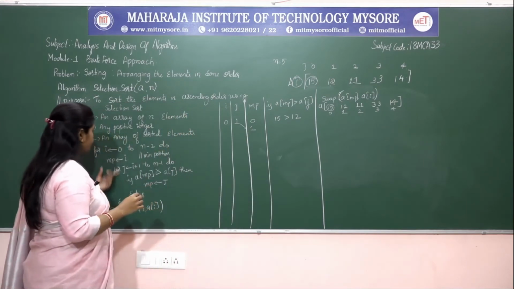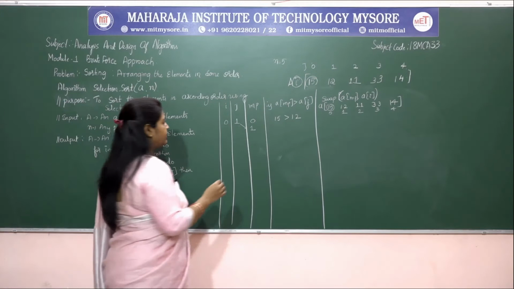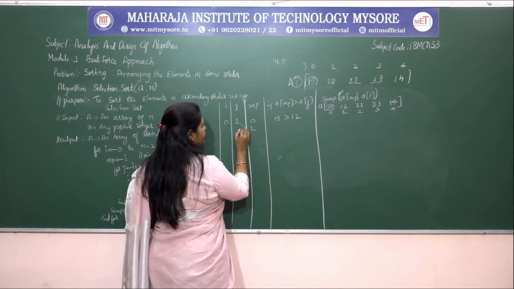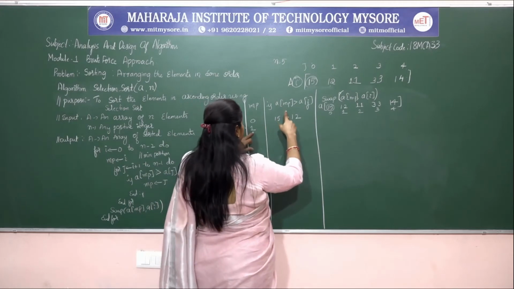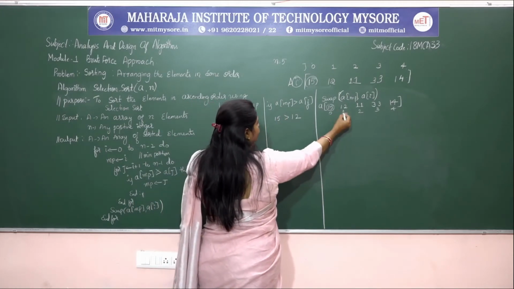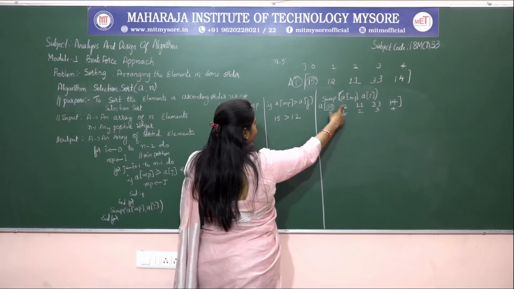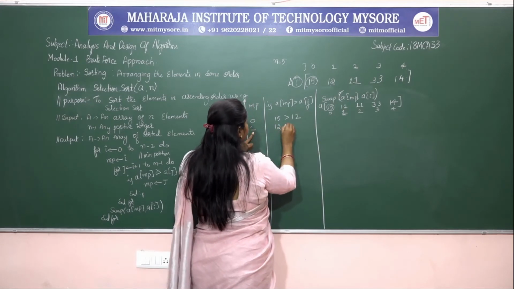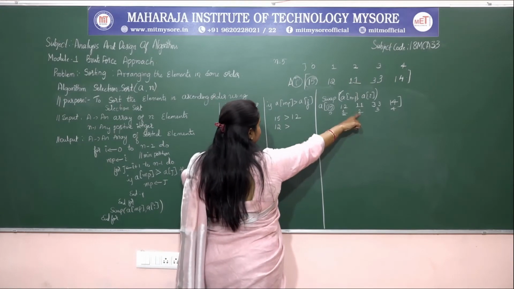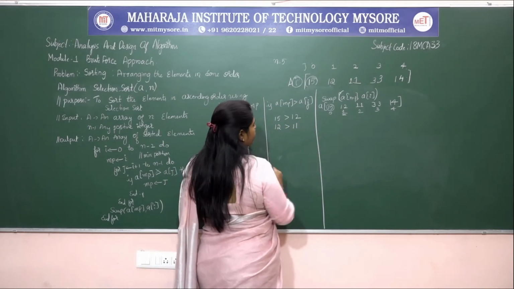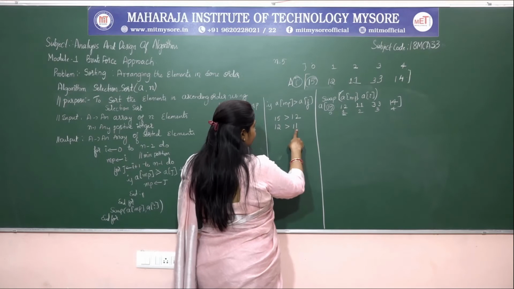Now what happens? Control comes back, and J gets incremented. What is J? J is 2, right? Now MP got changed, that is, MP position is 1 now. In the first position we have 12. 12 is greater than the jth position element, that is the second position element, that is 11. Okay, so 12 is greater than 11.